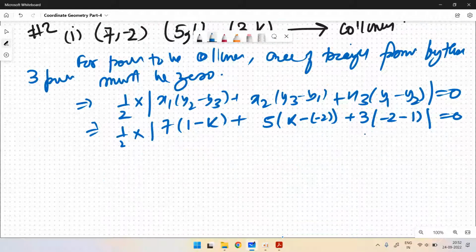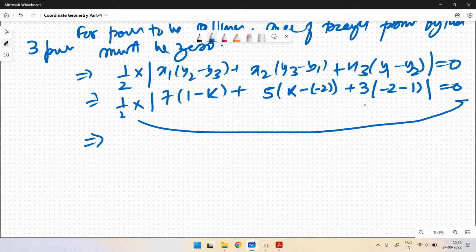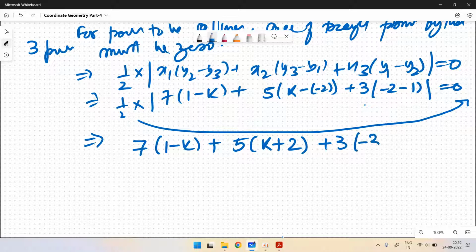Now I'm solving this. If I take the 2 to the right-hand side, 2 into 0 will become 0, and with 0 on the right-hand side there is no meaning of modulus. This is nothing but 7 minus k plus 5k plus 2, and this is 3 into minus 3.